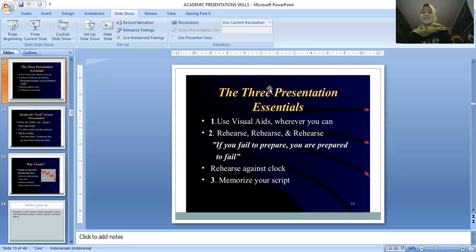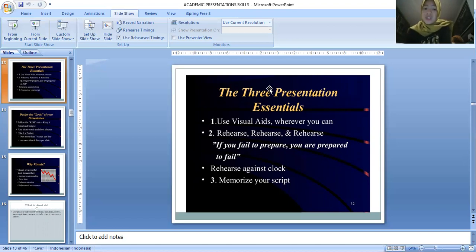There are 3 presentation essentials. The first one is use visual aids wherever you can, because visual aids can help you emphasize main ideas and can help you illustrate the concepts. Yeah, so this is very important.